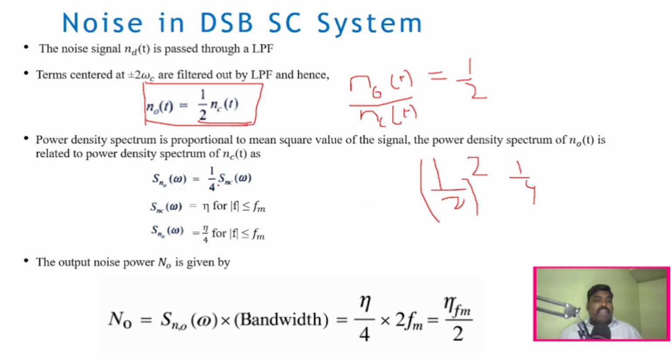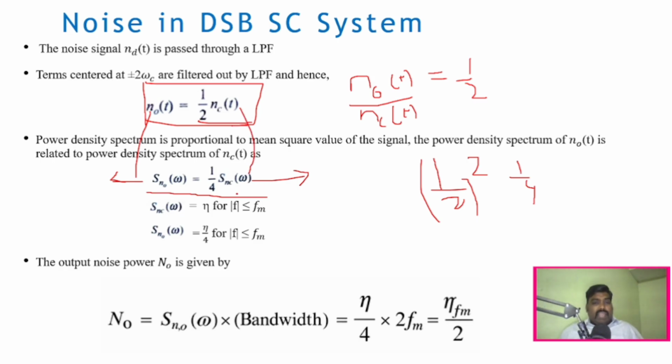So the output power spectral density can be related to the input power spectral density in such a way that it is the mean square of the particular signal. So here it is 1 by 2, that is 1 by 4 into S nc of omega, that is the power spectral density at the input, and this is the power spectral density at the output, that is the power spectral density of n of t, and this is the power spectral density of nc of t.